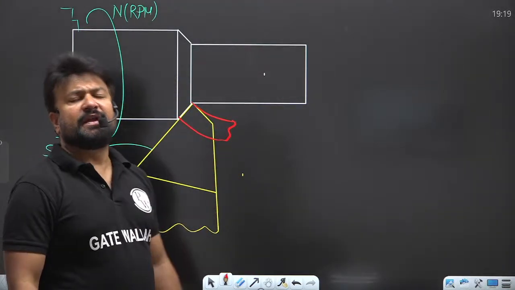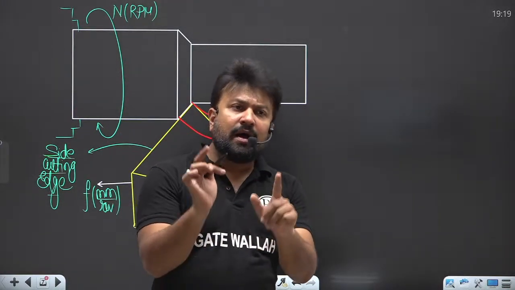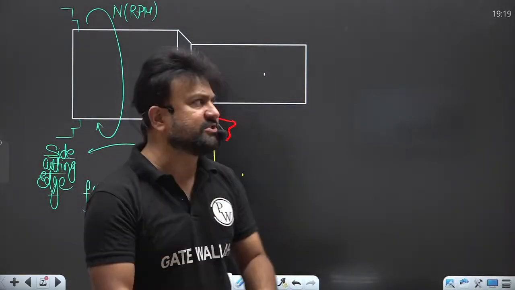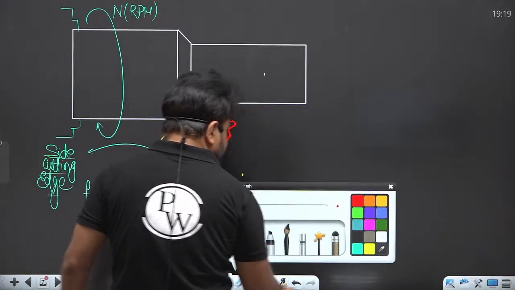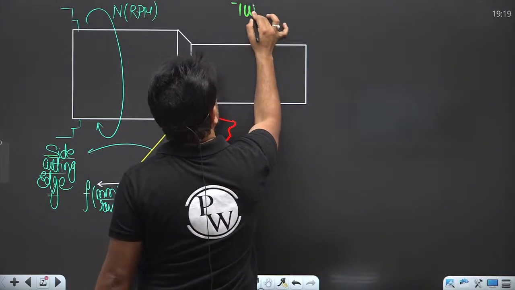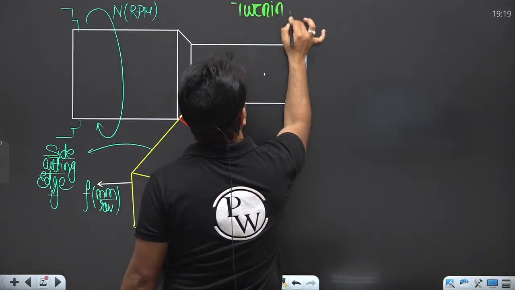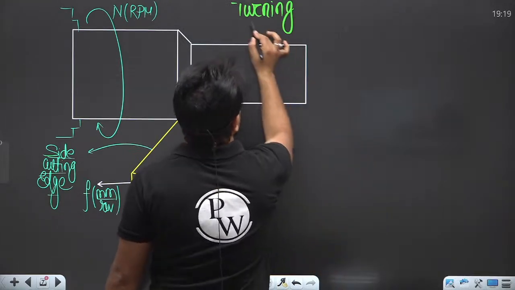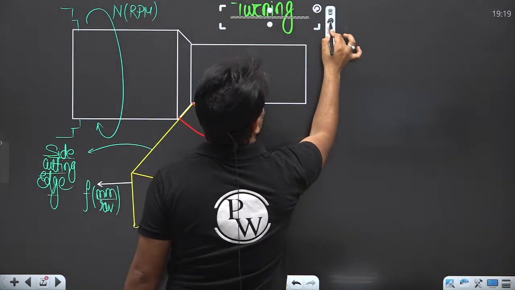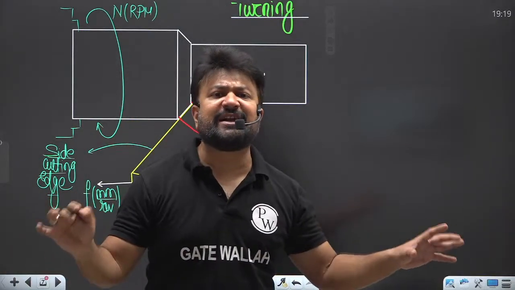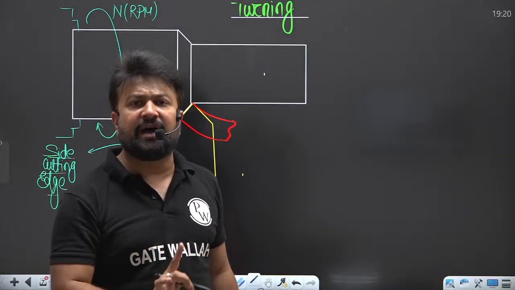Now tell me how many cutting edges are going to participate in the machining operation. Here I have drawn the figure of turning. Let me know how many cutting edges are going to participate. Only one.